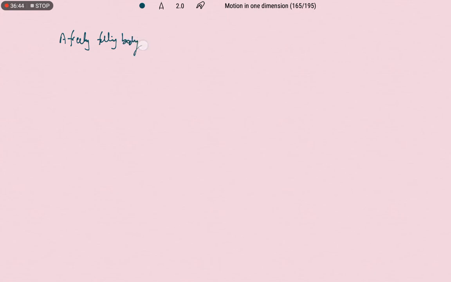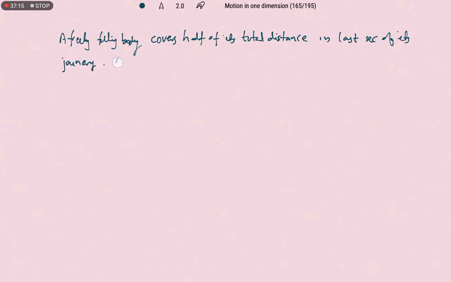The scenario is given like this: if the freely falling body covers half of its total distance in the last second of its journey, they are going to ask what is the total time of fall.